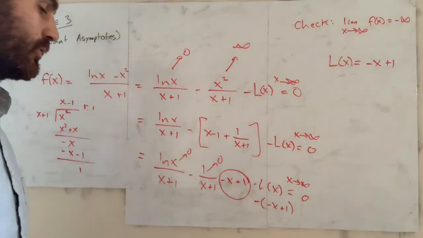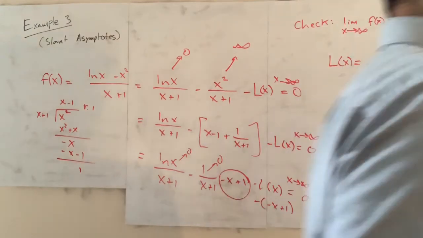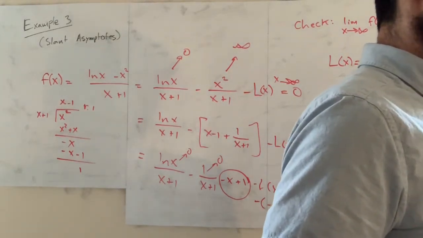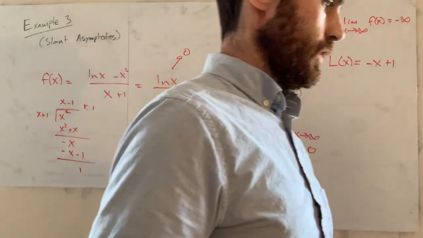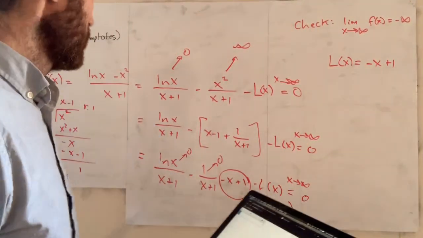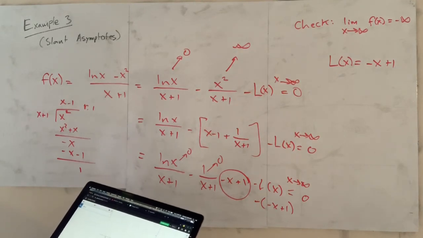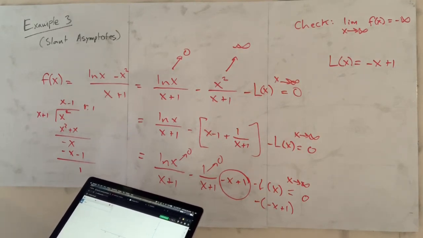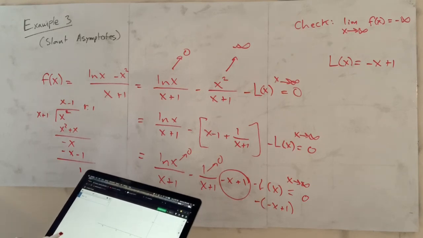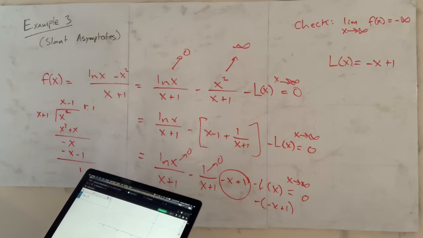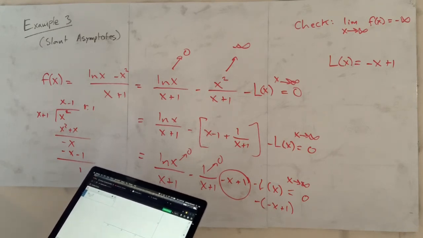And let's look at the graph of this. I promise this is going to work out. So if you want to, let's look at natural log x minus x squared, all of that divided by x plus 1.